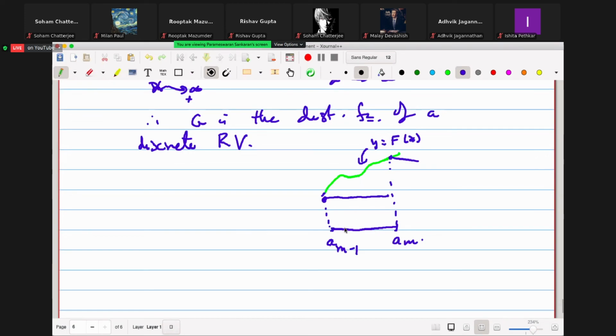Now imagine what will happen if the numbers a_{m-1} and a_m come very, very close to each other. It doesn't look like a monotone function, but that's because my picture was bad, but you understand. Let me correct that, and with that I will stop.